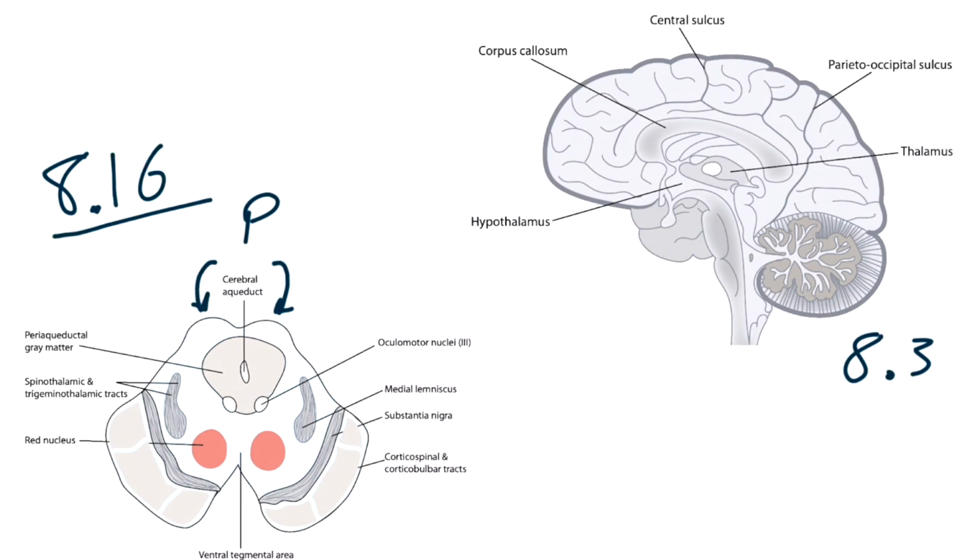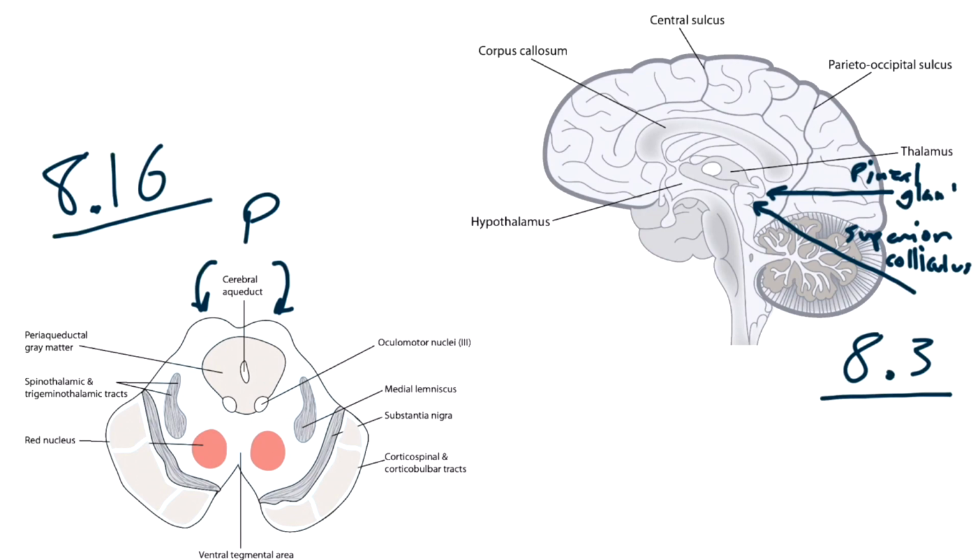In figure 8.3, we can see the superior colliculus right here, just inferior to the pineal gland. So it would stand to reason that in the case of a pineal gland tumor, the superior colliculus could easily be compressed, resulting in damage to the vertical gaze pathway, causing vertical gaze palsy.